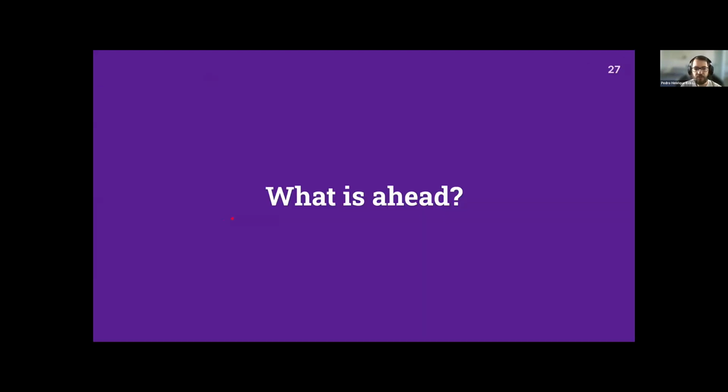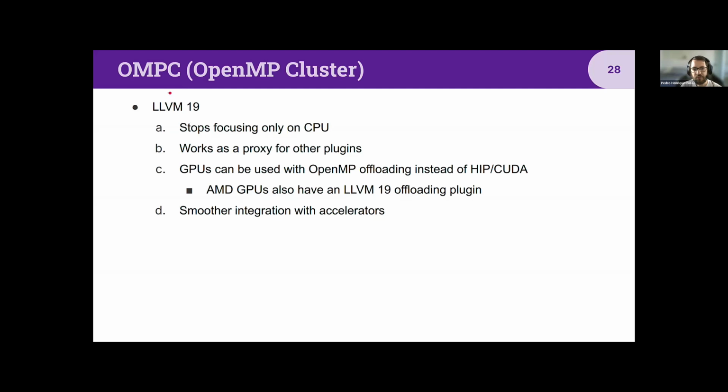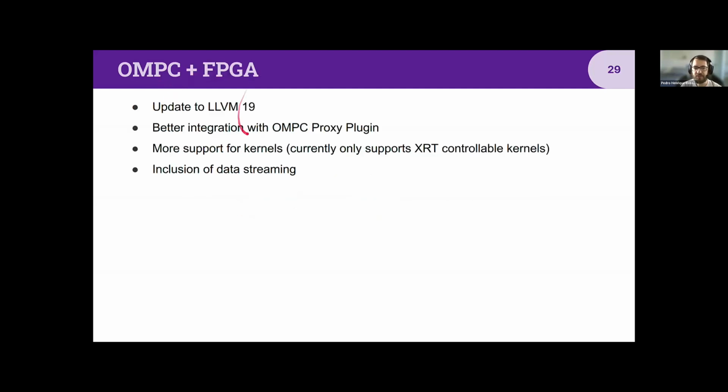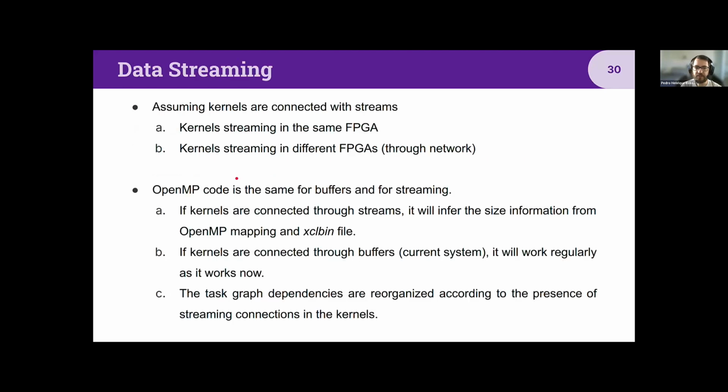What's ahead? I'm going to go quickly on this. We are porting both OMPC and OMC FPGA to LLVM 19. We believe this is going to give a smoother integration. And on the FPGA part, I would like to call attention to data streaming. We think this is very important for FPGAs. So we are bringing something that enables that streaming effortlessly for the developer.